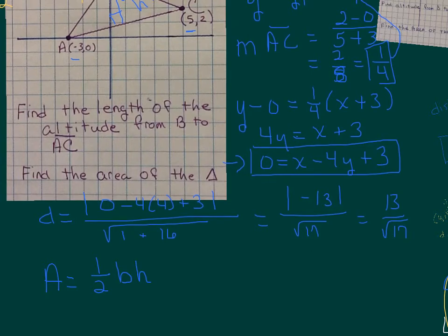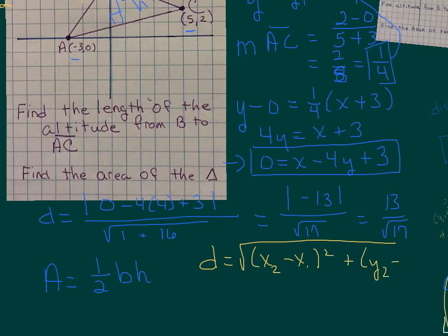Distance between 2 points. The formula for the distance between 2 points is the square root of x2 minus x1 squared plus y2 minus y1 squared.